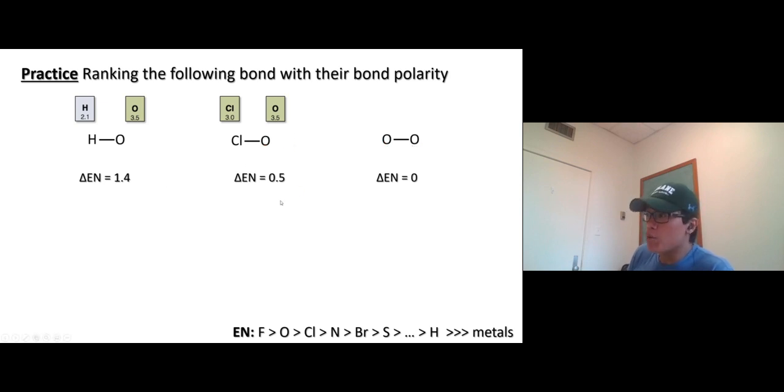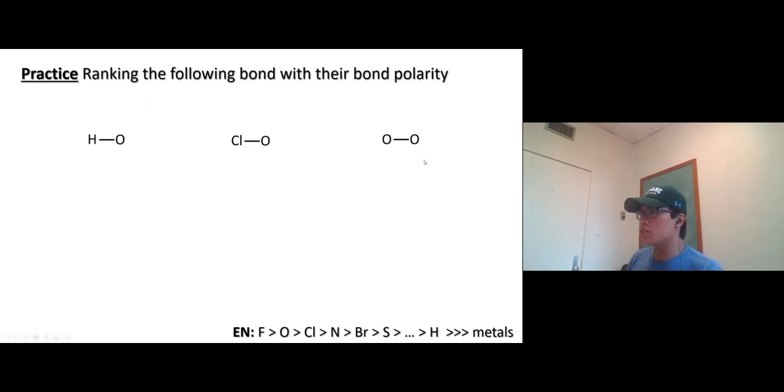But sometimes you don't really have to do calculations. Oxygen and oxygen are totally the same strength. One pulls to the left, the other pulls to the right with the same strength, so no difference in electronegativity, totally non-polar. Now in these two bonds, oxygen pulls to the right at the same strength. Hydrogen and chlorine pull to the left.